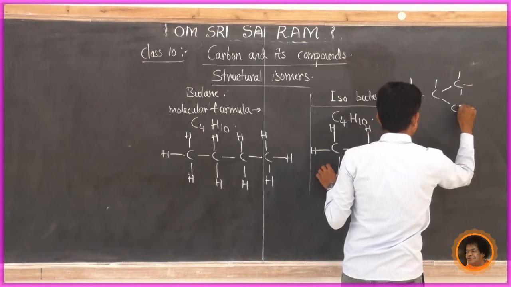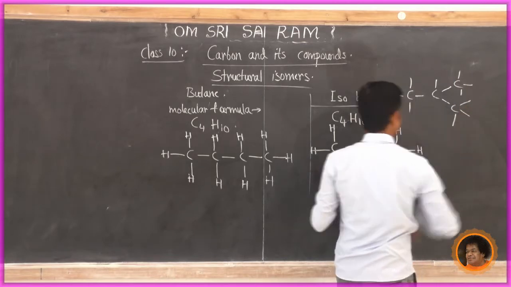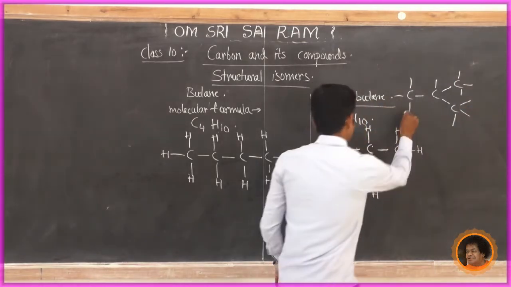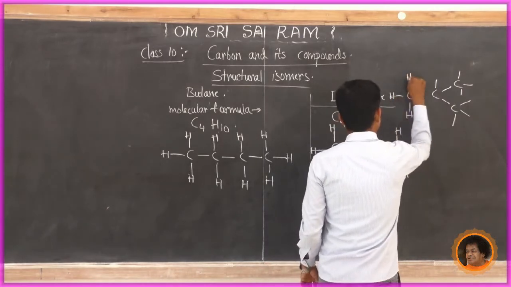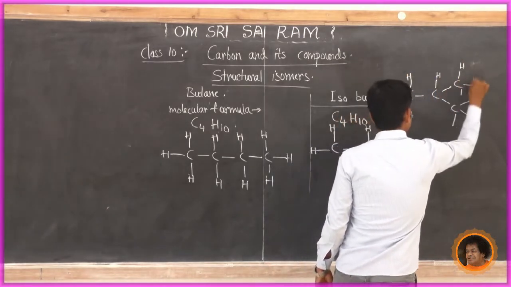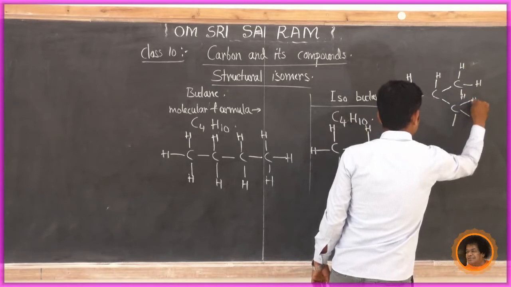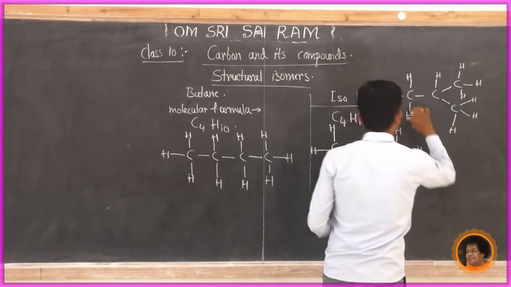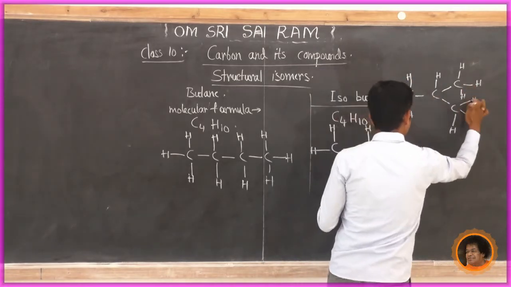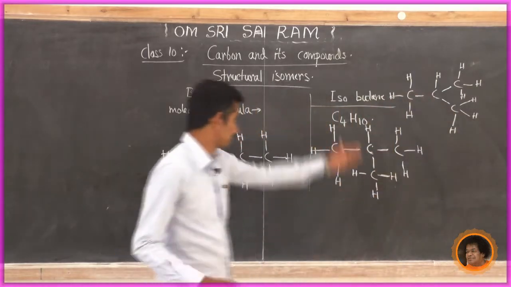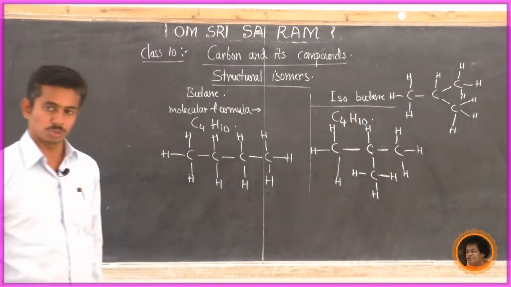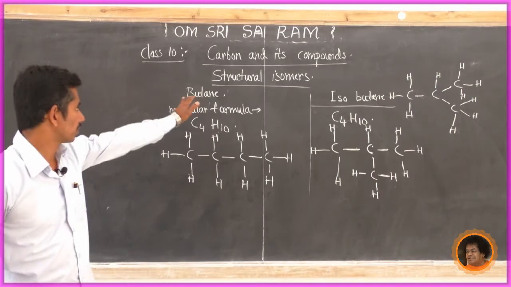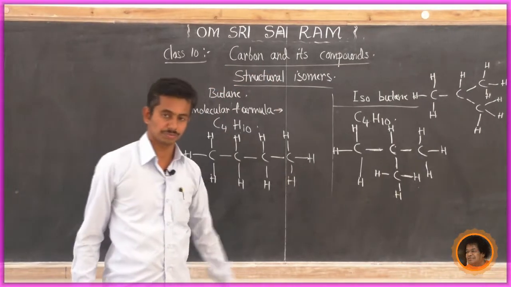For this 1, 2, 3, 4. That is hydrogen. Now count the hydrogens: 3, 4, 5, 6, 7, 8, 9, 10. So this is also a structure of isobutane. These are structural isomers.